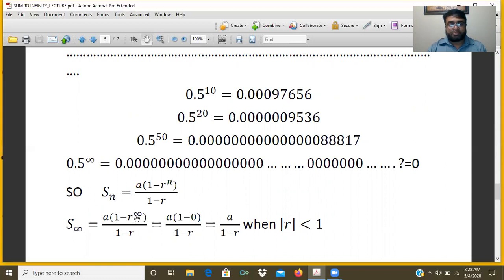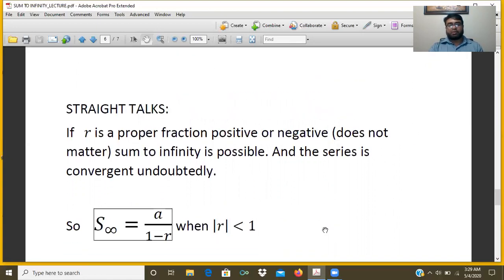As we have seen, with a higher power the result is 0. So if the power is infinity, this part becomes 0. So ultimately, what do we get here? The sum to infinity formula is a by 1 minus r. It happens only when the modulus of r is less than 1.